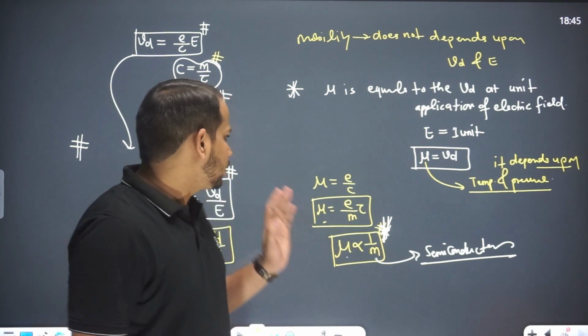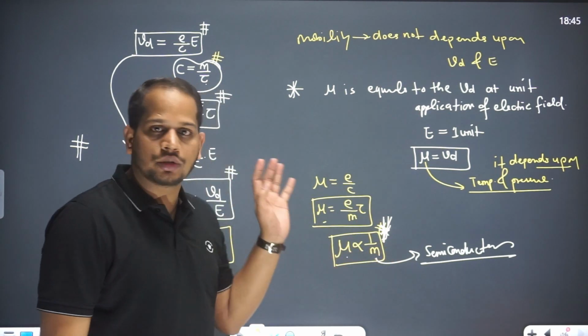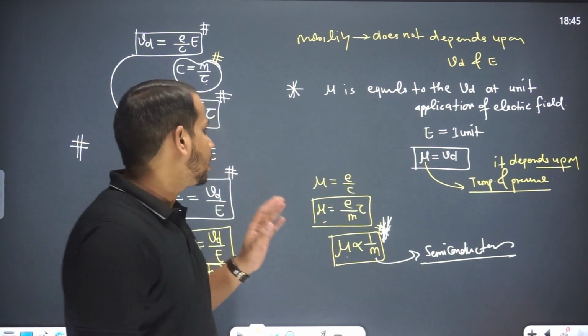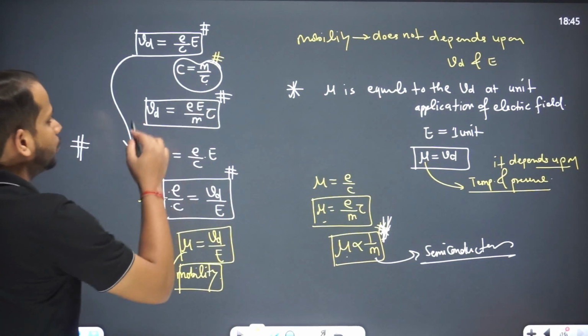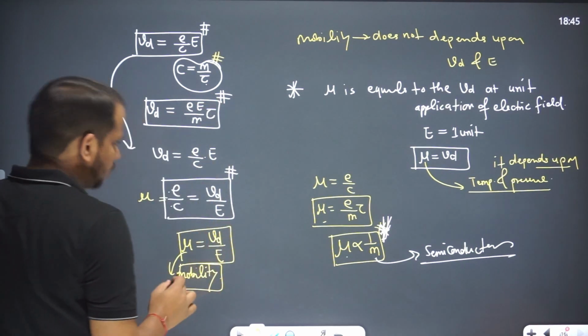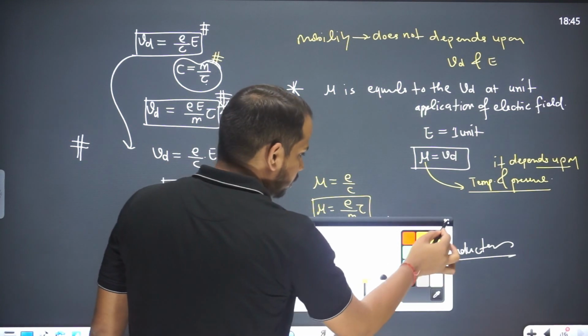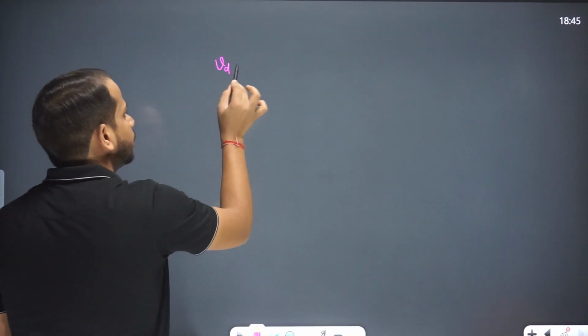Okay. So this is all that we have done related to the drift velocity and the drift. What have we concluded from this? This is the formula for Vd we have. What is the drift velocity formula that we have to remember?